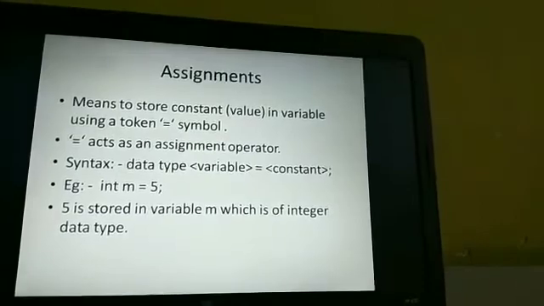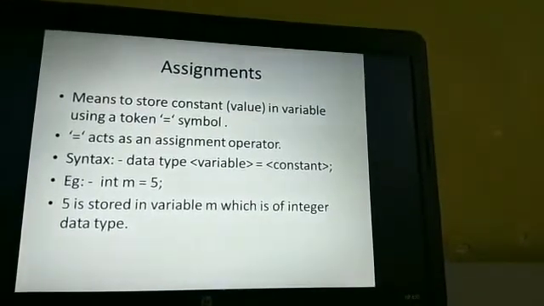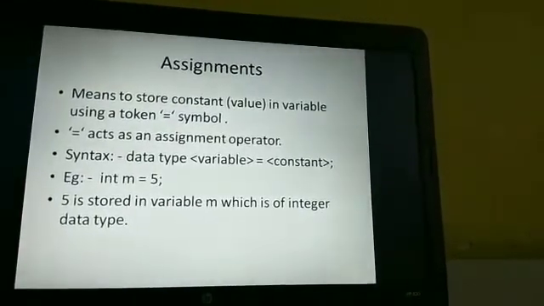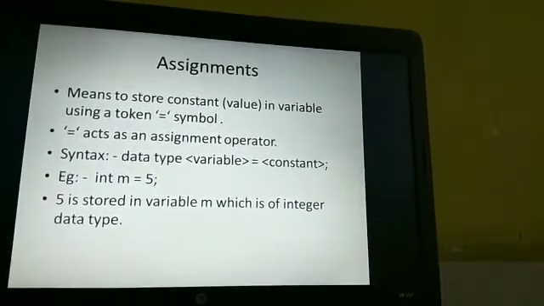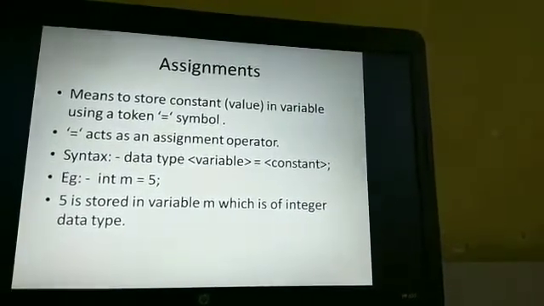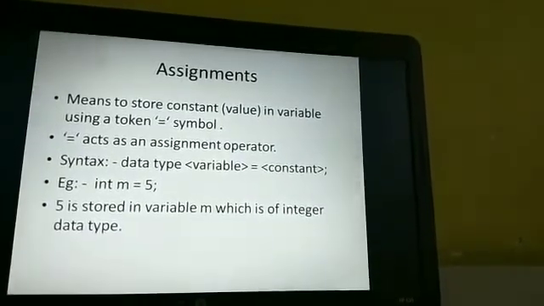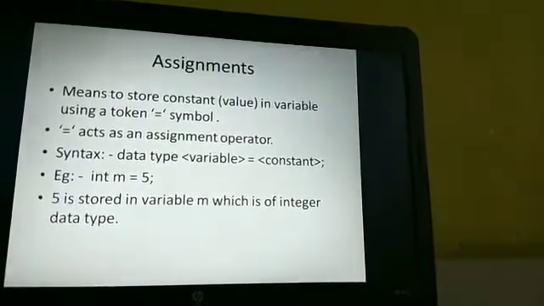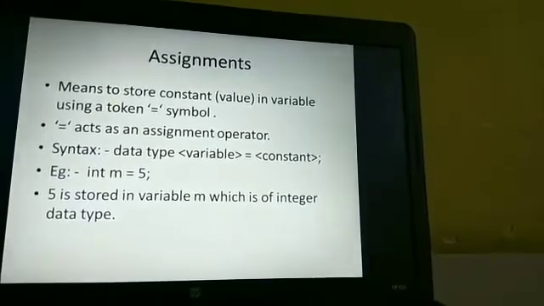The syntax for storing a value in your variable is data type, space, variable name, equals to, constant. An example for this: assume the int data type, assume the variable name m, equals to a constant, a value, any value of your wish.